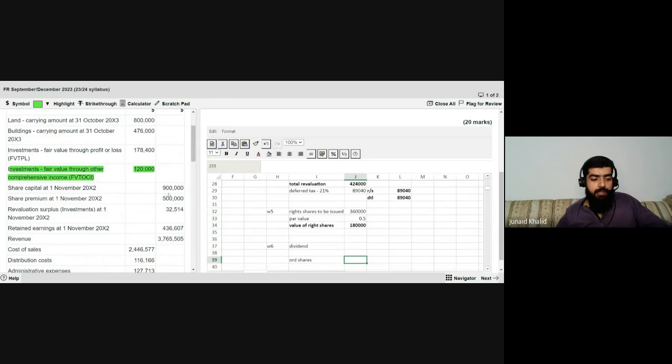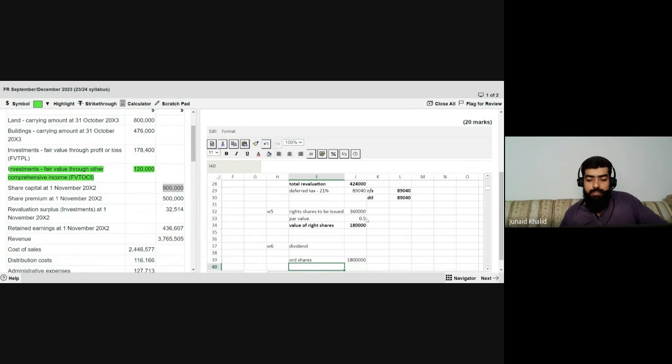The existing ordinary shares value was 900,000, and the par value is 0.5, which means the ordinary shares would have been 18 lakh. Am I right? Yes.